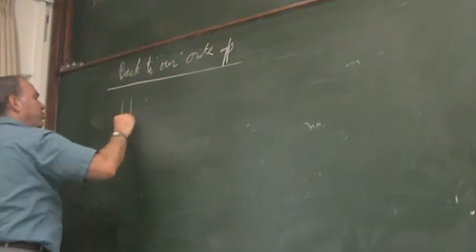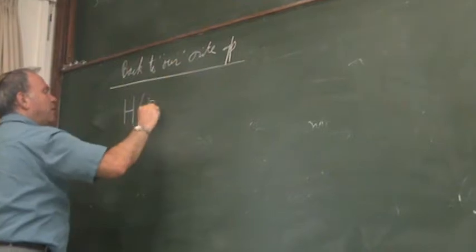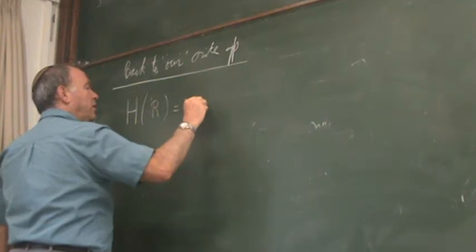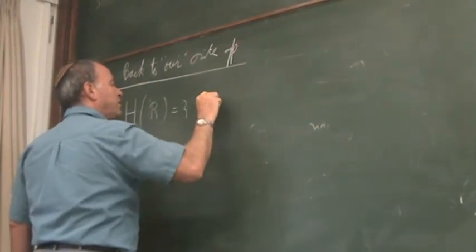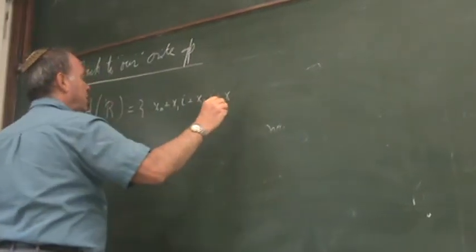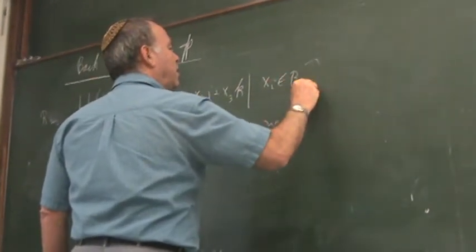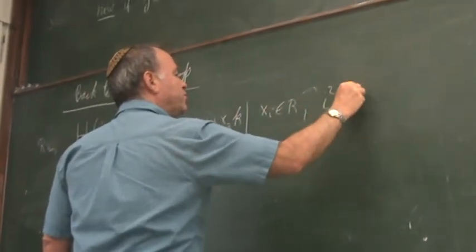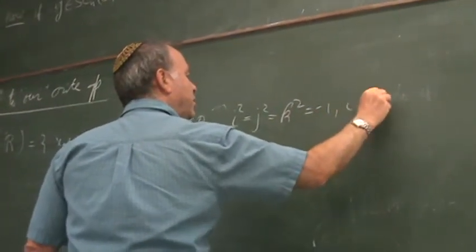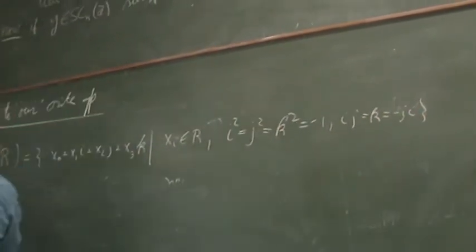We look at the quaternion algebra H over some ring R. So this is x0 plus x1 i plus x2 j plus x3 k, where the xi are in the ring R, and as usual, i square equals j square equals k square equals minus 1, ij equals k equals minus ji. This is the quaternion algebra.